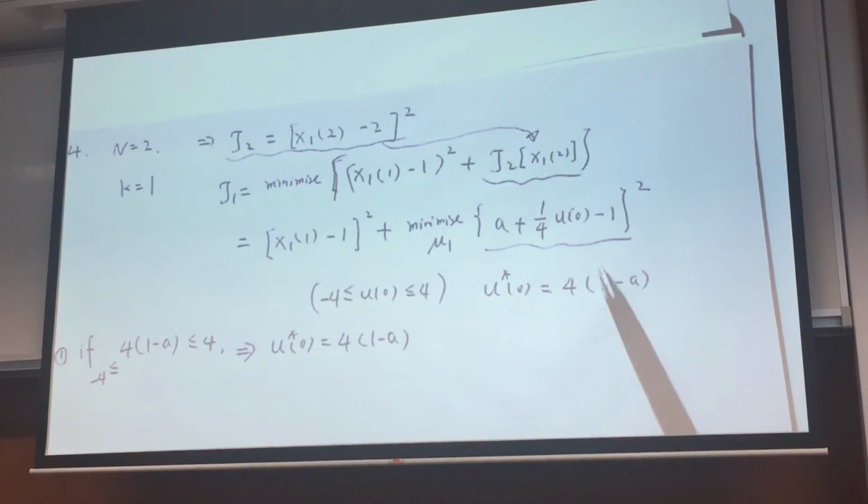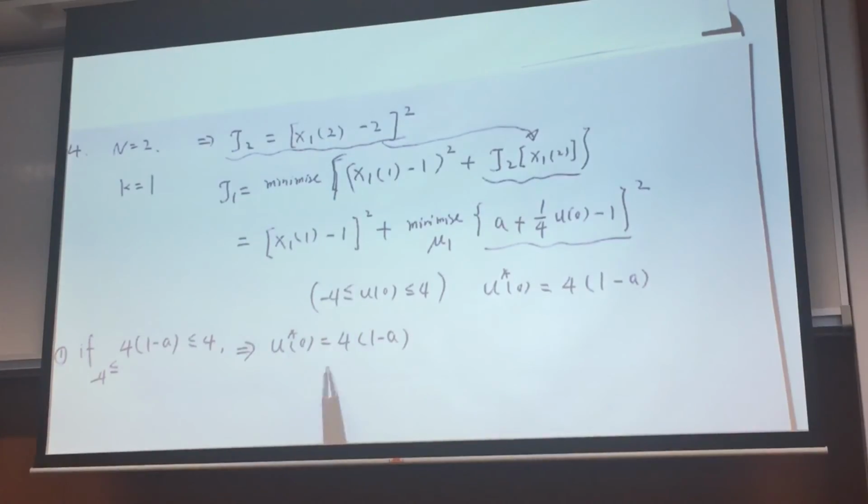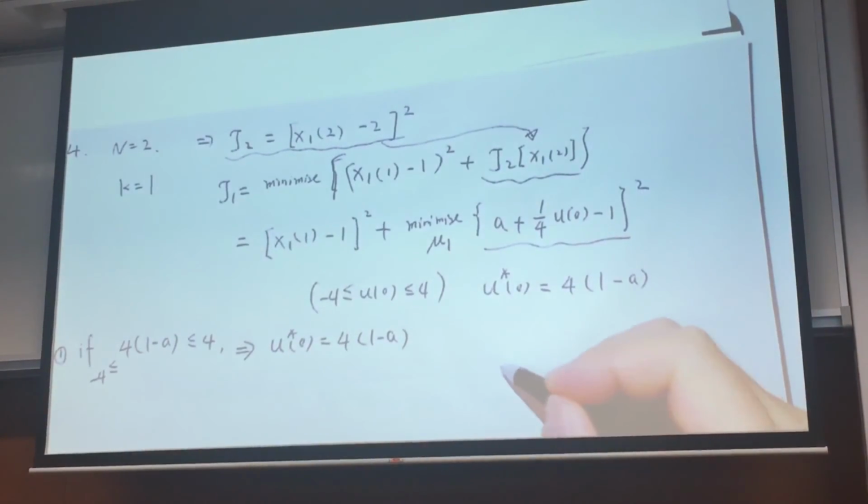If this global minimizing point is located inside the actuator constraint, then our function can take the global minimizing point.